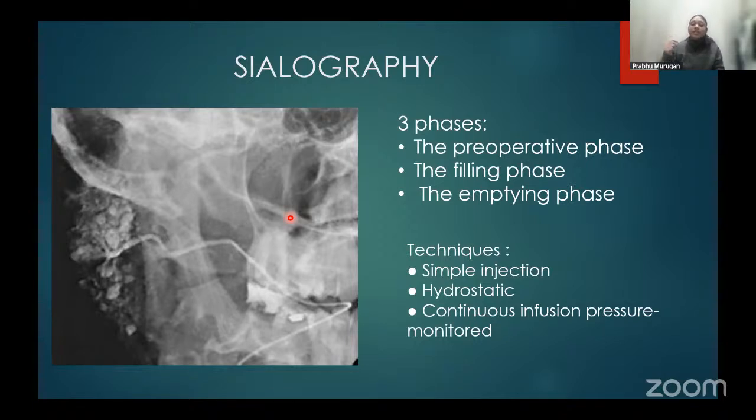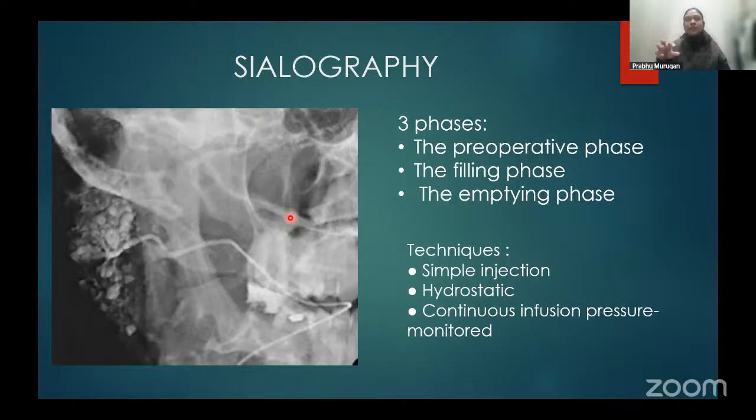So to inject this dye, we have three important techniques. First, the simple injection technique. Second is the hydrostatic. Third is the continuous infusion pressure monitor technique. Simple injection is something like passive, just injecting it using something similar to a syringe. So you'll just inject the dye and then it will pass through. Hydrostatic is also something like a controlled technique, along with some water and all.